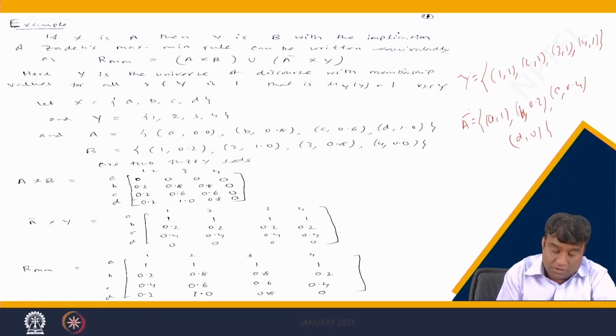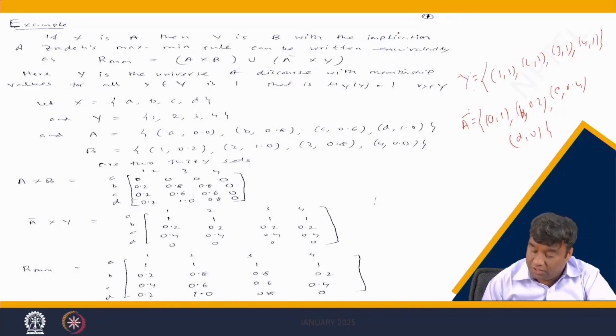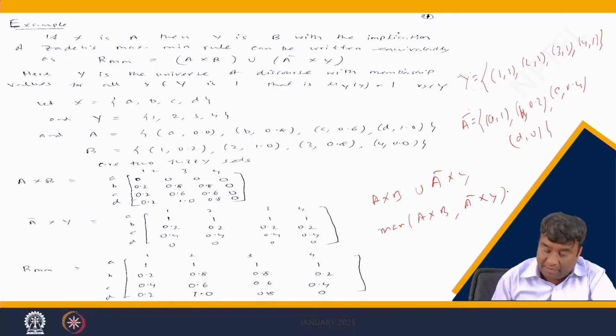Now we need to take the maximum value of A cross B union A complement cross Y. So find the maximum value.